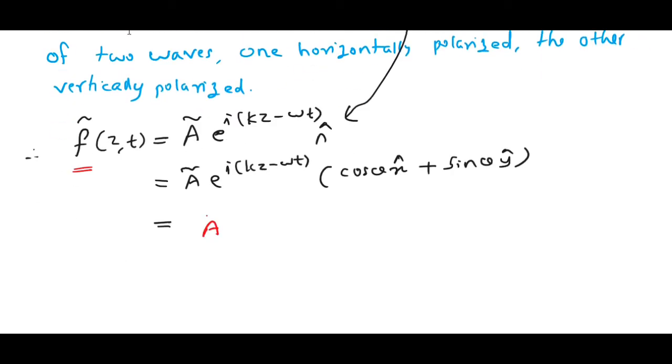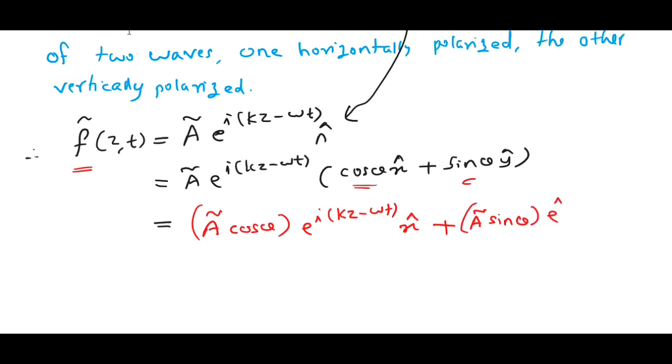The result can be written as a e power i kz minus omega t. Okay, I will write this cos theta along with the amplitude: a cos theta into e power i kz minus omega t x cap, that is a vertically polarized wave, plus a sin theta, that is the amplitude, e power i kz minus omega t y cap.